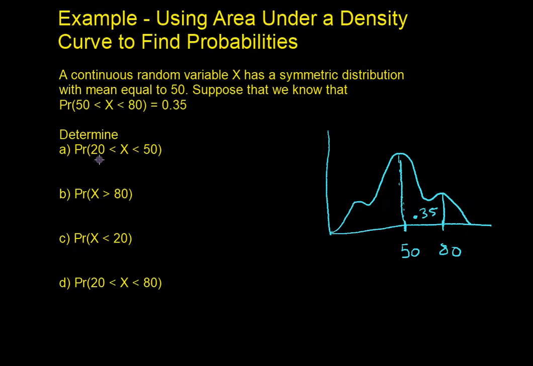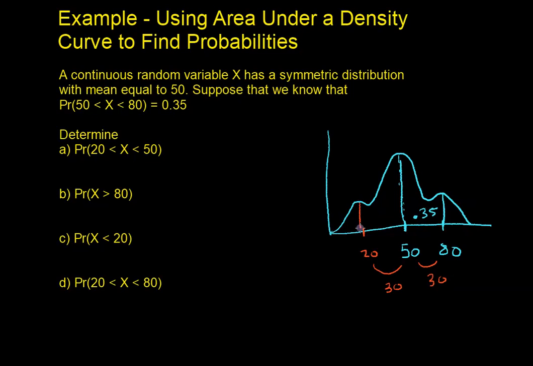So let's go ahead and determine some probabilities. Let's determine the probability that x is between 20 and 50. So say here's 20. Now this distance here is 30, but there's a distance of 30 between 50 and 80. But there's also a distance of 30 between 20 and 50, right?